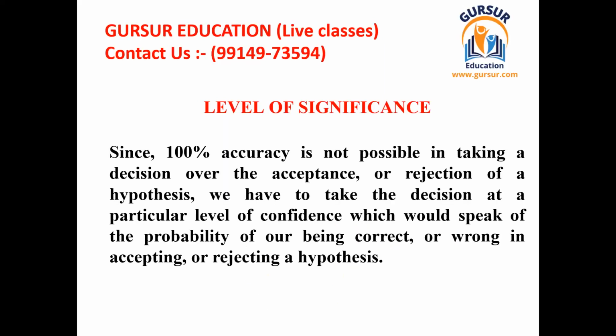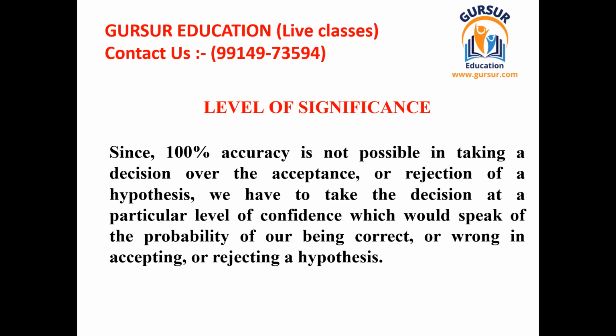Since 100% accuracy is not possible in taking decisions, we have to take the decision at a particular level of confidence only, and I have already told you, nothing new. I believe that being my regular student, you would have understood.